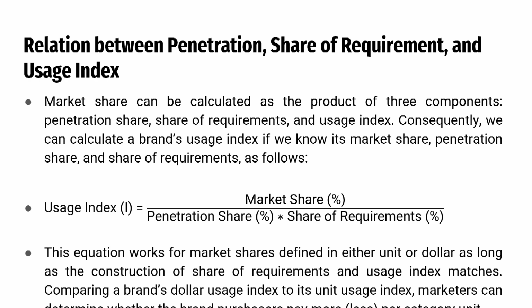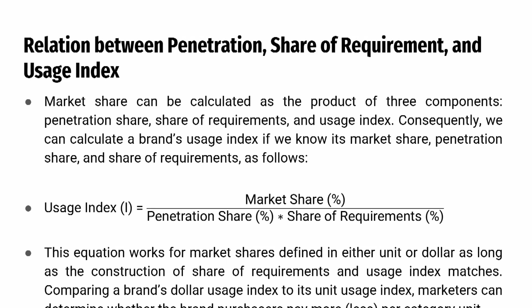Now, we will look into the relation between these 3 different categories of metrics that we have already studied. In today's class we have discussed share of requirement and usage index, and in the previous class we discussed penetration. Now we will try to look into the relationship between penetration, share of requirement and usage index. So, if we remember, penetration share was basically a ratio between the brand penetration and market penetration.